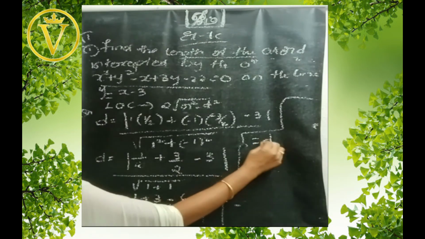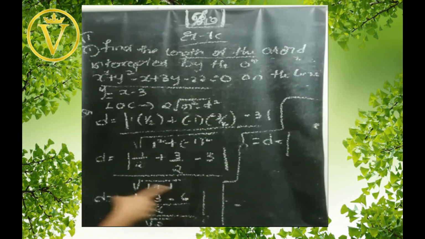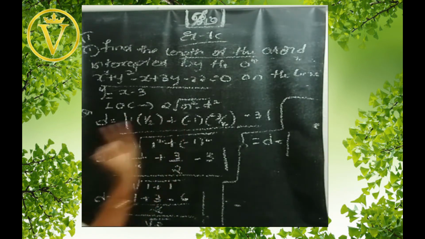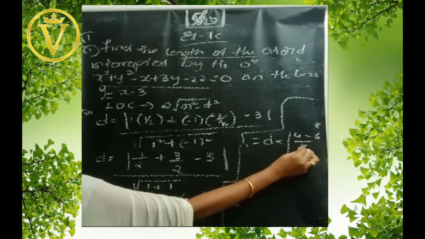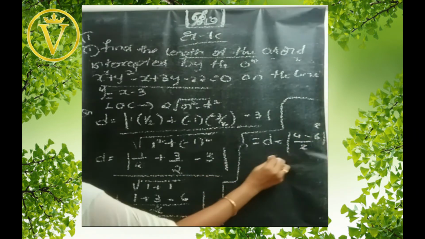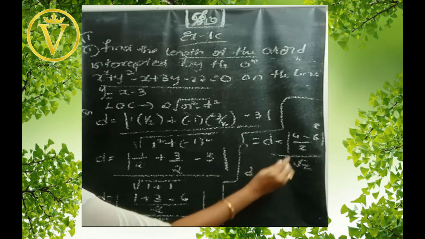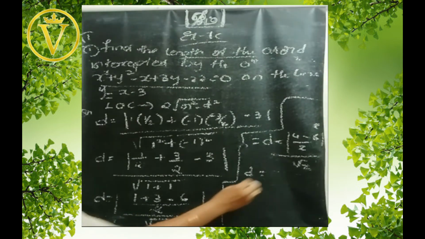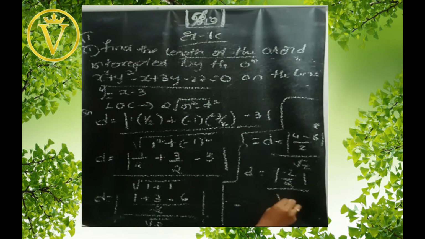That means d equals mod, see here, this is the mod for only the numerator. So 4 minus 6 by 2 by root 2. So d equals 4 minus 6 is minus 2, minus 2 by 2 by root 2. The 2 gets cancelled and d equals minus 1 by root 2.